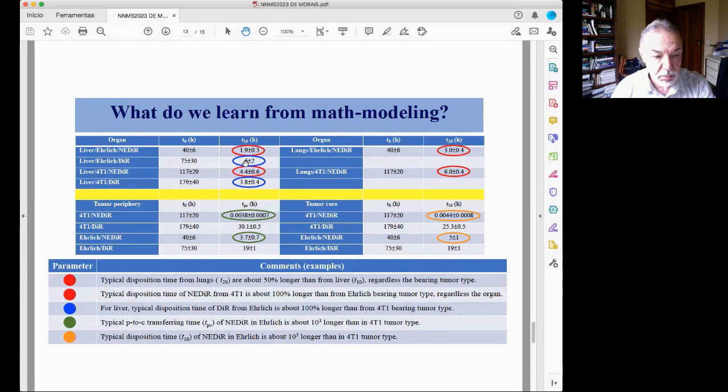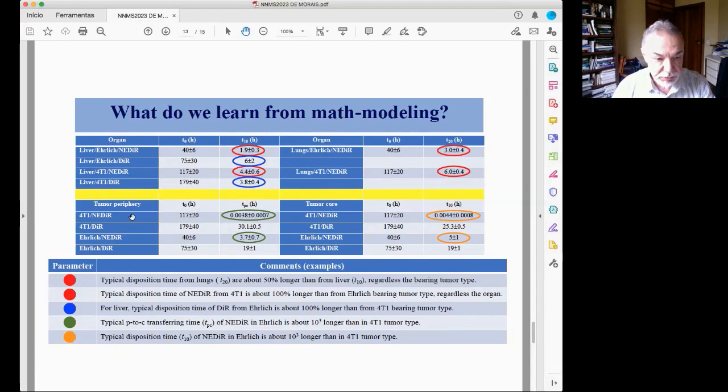You can also compare the typical disposition time between the free drug, or the free infrared dye, and the nanoemulsion. It is quite different, about half the disposition time when you compare Ehrlich with the 4T1 tumor. So you extract very important data from your fitting.